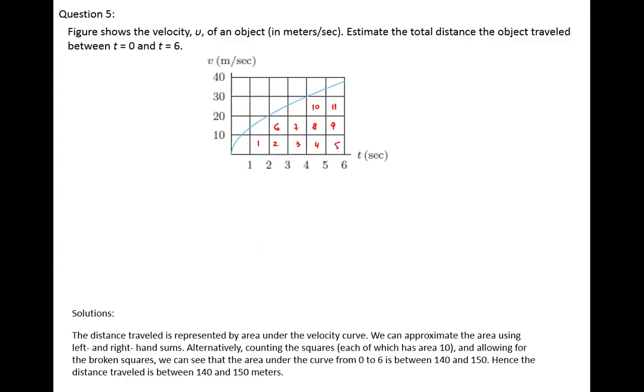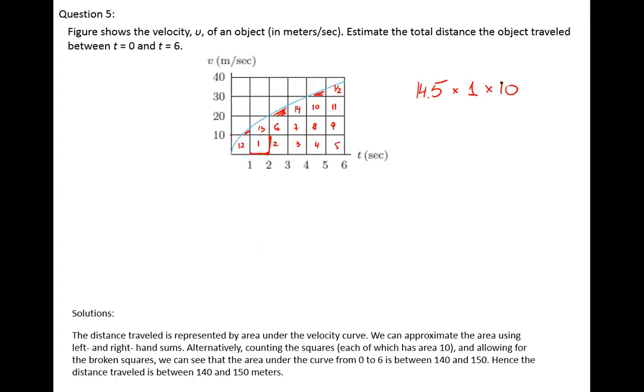Okay, we do have 11, and then I think I can say 12, including this. I can say 13, including this, and maybe 14 including this, and I don't know, half, right? This will be like a half. So we do have 14 and a half, and each of them has base 1 and height actually 10.